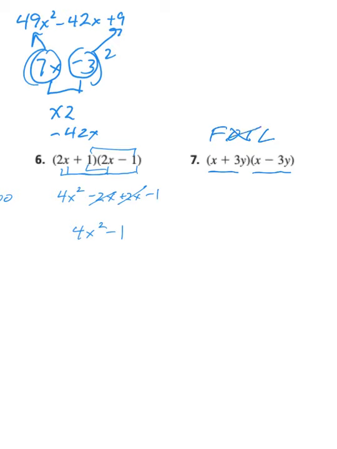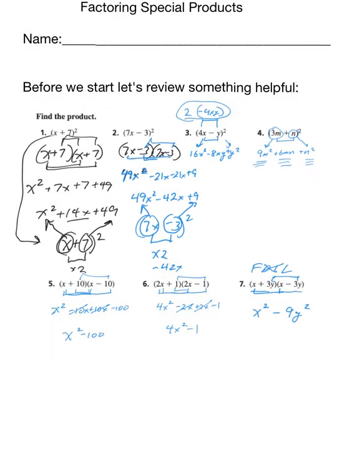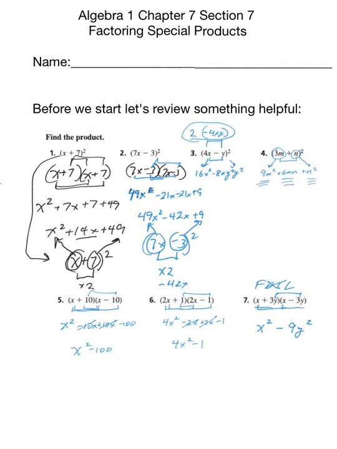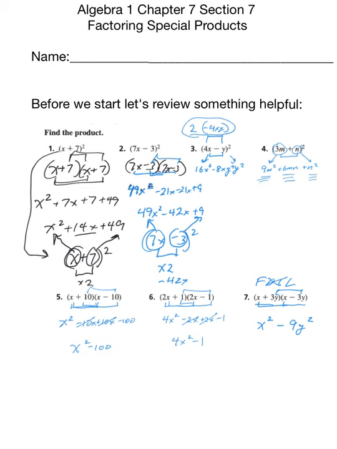So this one just becomes x squared minus 9y squared. So I just multiply the firsts and the lasts for these kinds of terms. So this again is just a review of some stuff that we did once before, and will be information that we'll be using in a moment to factor some other problems.